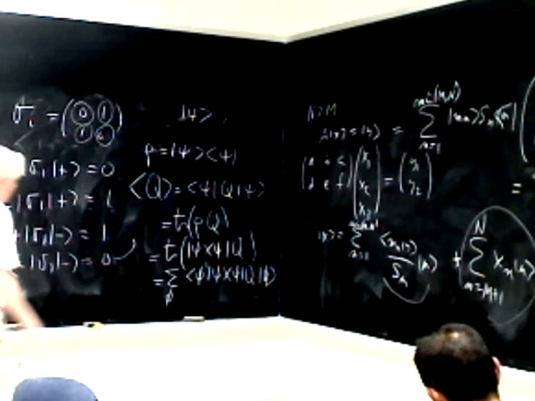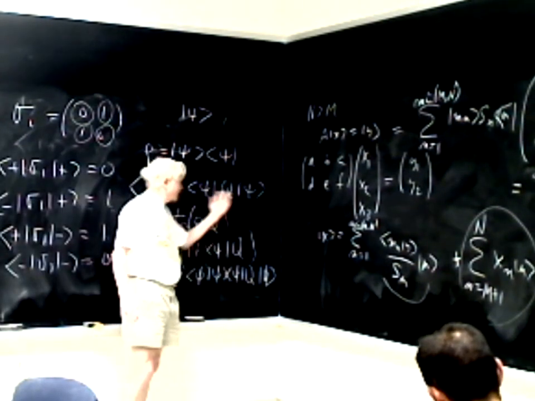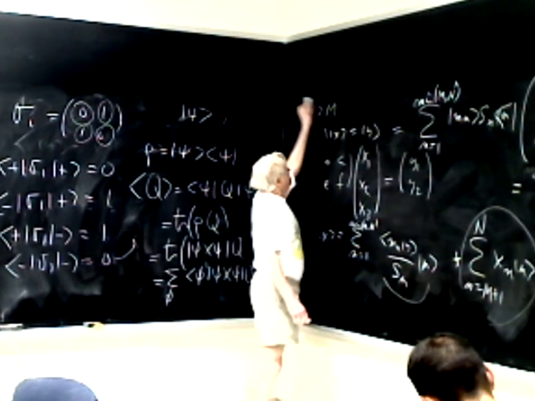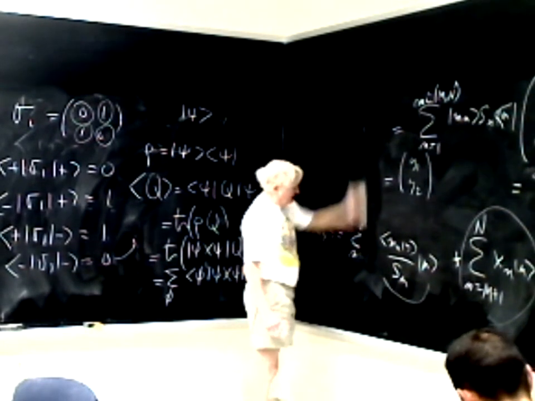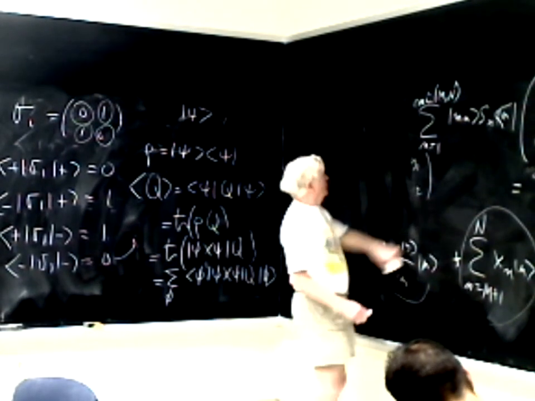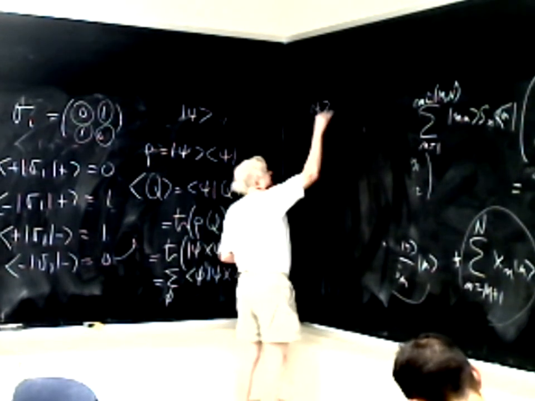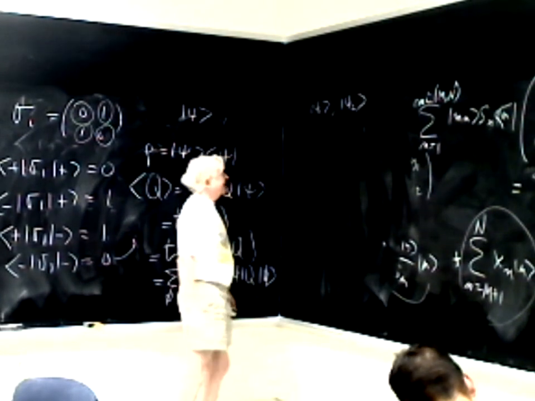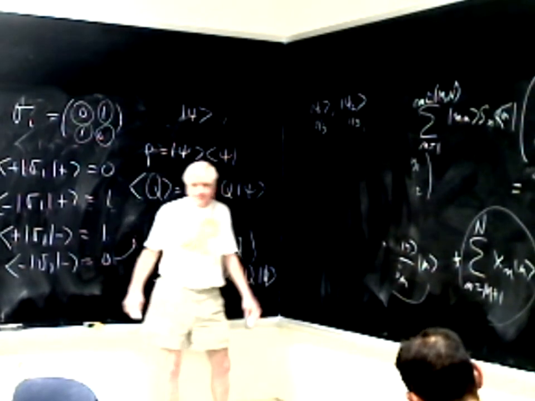And then the value of any physical operator is just the mean value in that state of the operator Q. If, on the other hand, you have a system that's not a pure state, well, then you might know that the system is maybe in the state psi 1 or it's in the state psi 2, and you might say that it's 2/3 of the time here and 1/3 of the time there.